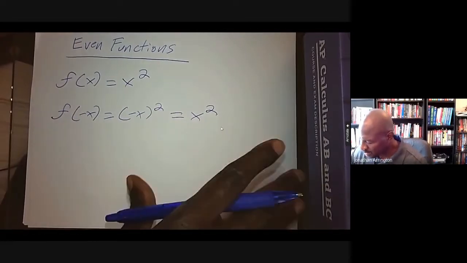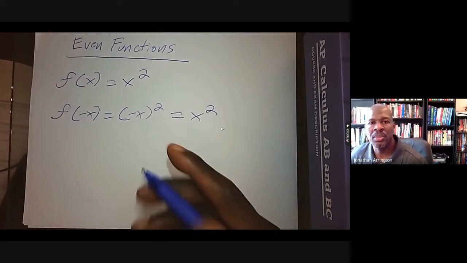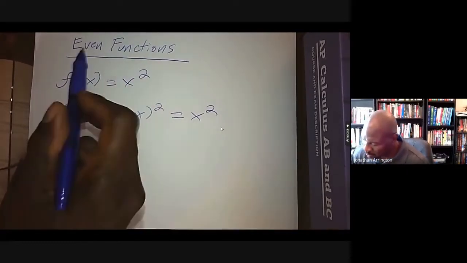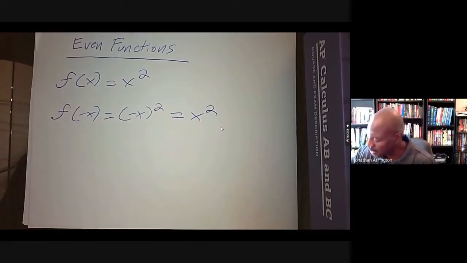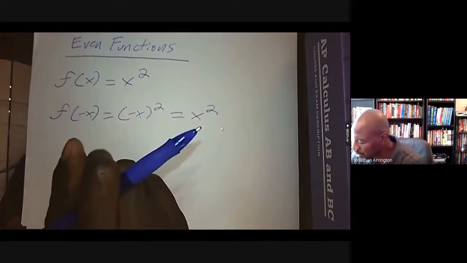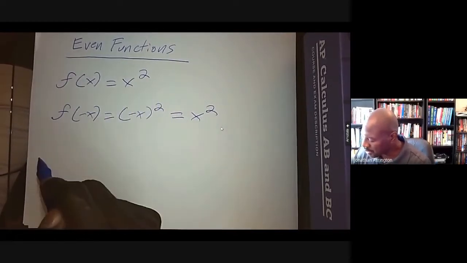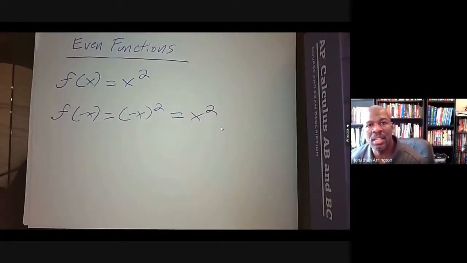In fact, anytime we raise a negative number to an even power, it becomes positive. This is why these are called even functions. From a polynomial standpoint, they have to have even exponents, meaning any function with even exponents, f of negative x is going to equal f of x every time.